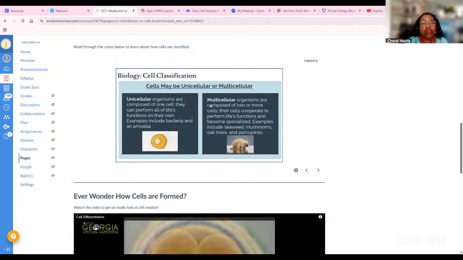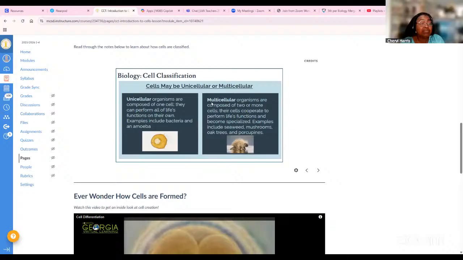All right, then we have the multicellular organisms that are composed of 2 or more cells working together. So that's us. We are multicellular. We have cells that work together in groups, and they group their functioning to a particular task.